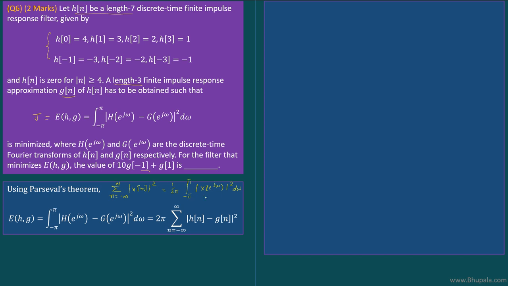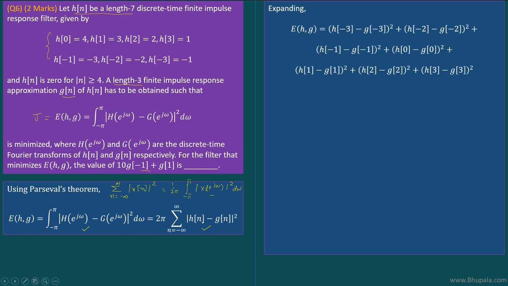By using this Parseval relation, the given cost function J can be equated to this term. By expanding this term, what do we get?